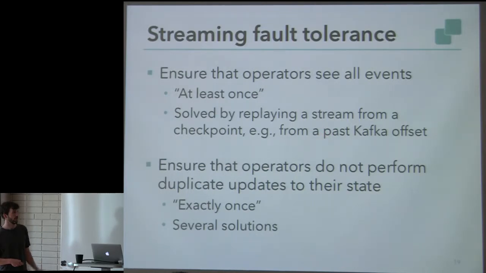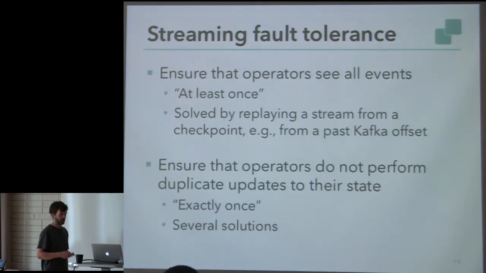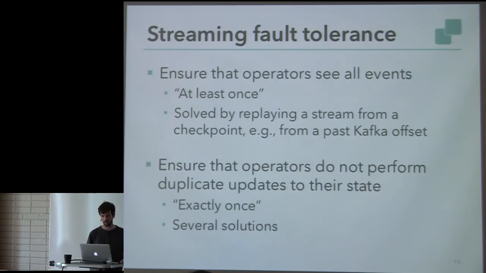Exactly once says it really goes through the program only once. The first one is easier because you could just use Kafka, for example, persist the offset and start there again. But then you don't know about the internal state. So to achieve exactly once, you need to also back up the state of the operators.